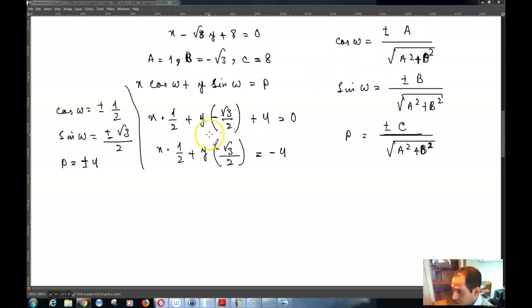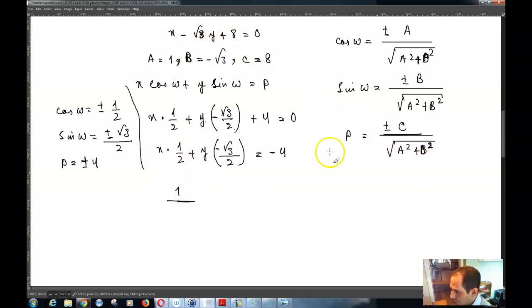You're taking the number that you have over here, whatever it is. For example, you have a 1 over here, you're taking that 1 and dividing it by square root of a squared plus b squared. In this case, you're taking this number, whatever that is, dividing it by the same number. Again, here you're taking this number, dividing it by the same number.